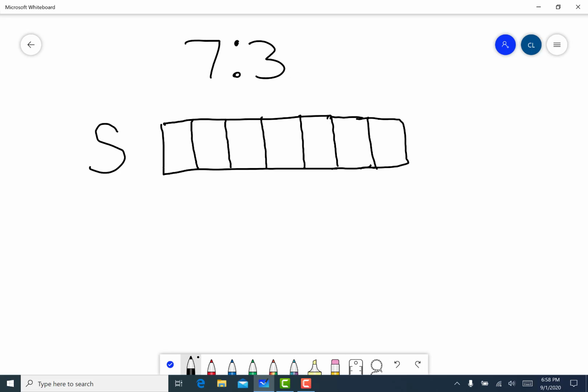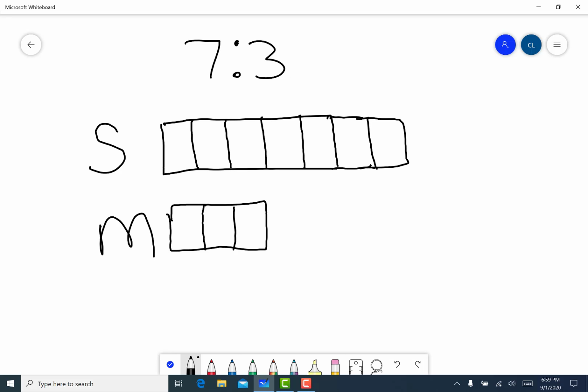So that's Shawnee's, and then Mel is, I'm trying to make it the same sizes. I know mine are a little off, but it's supposed to show that each one of these boxes is equal to the same. So right now they're saying that the ratio of the length of Shawnee's ribbon to Mel's is 7:3. So we know it's length, so it could be inches, centimeters, meters, any of that.